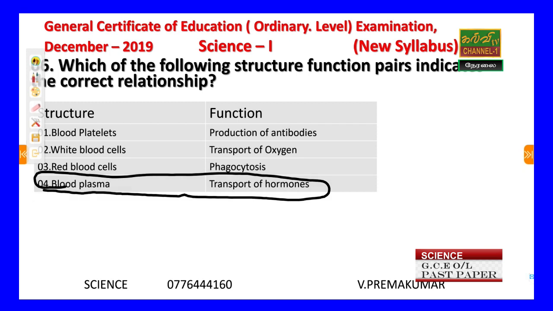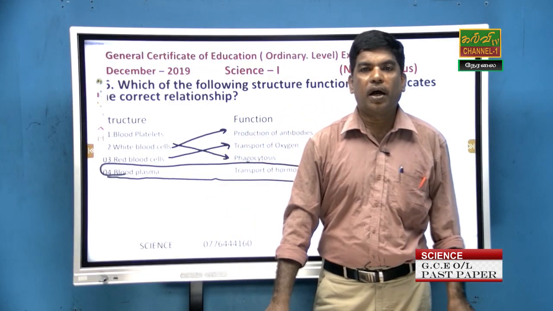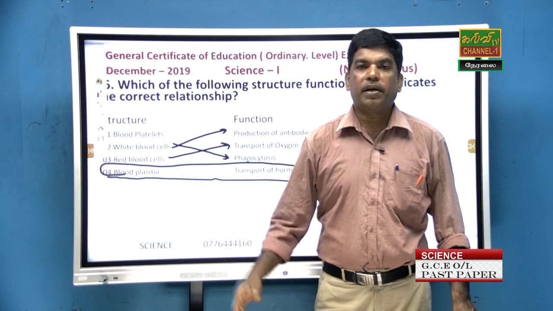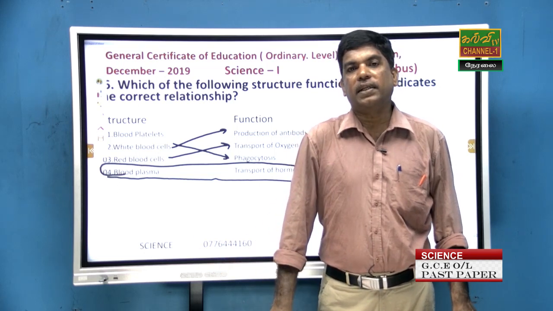Red blood cells transport oxygen, white blood cells fight bacteria, platelets help clotting. Anyway, okay students, we will study the remaining questions in the next class. Thank you very much.